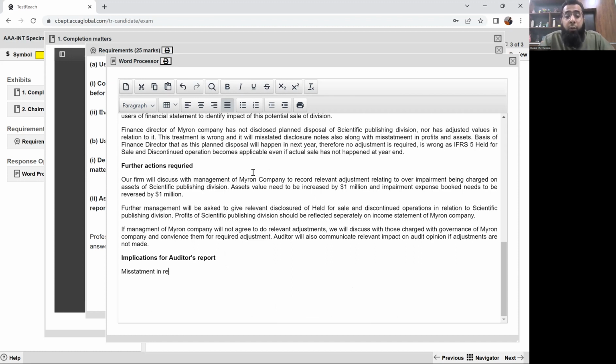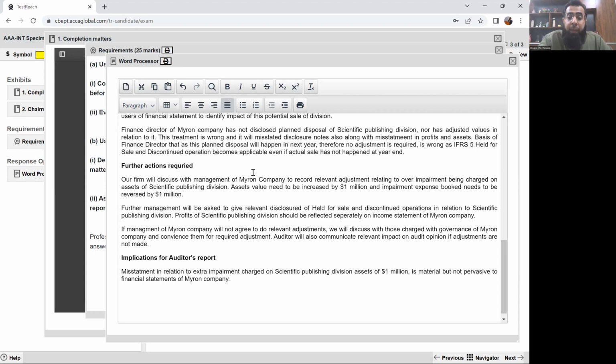Misstatement in relation to extra impairment charged on scientific publishing division assets of $1 million is material but not pervasive to financial statements of Myron company.